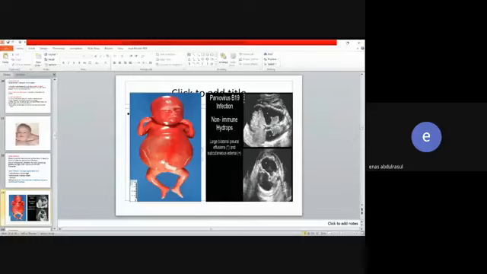Other infectious agents that lead to non-immune hydrops are cytomegalovirus, protozoal infections like toxoplasmosis, and even syphilitic infection may cause hydrops fetalis. But infection with parvovirus B19 is the most important.